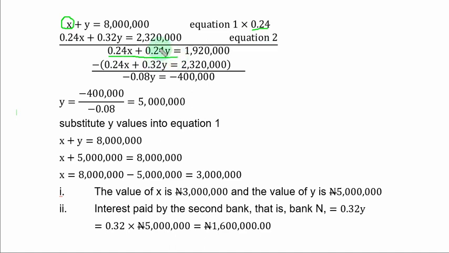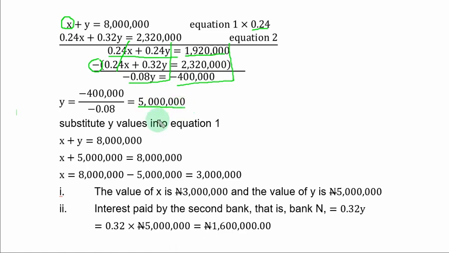You multiply 8 million by 0.24, you have 1,920,000. The coefficients are positive in both equations, so you need to subtract. If you subtract, this disappears. You subtract this, you get this, and you subtract this, you get this. To get Y first, divide both sides by minus 0.08, and Y is equal to 5 million naira.